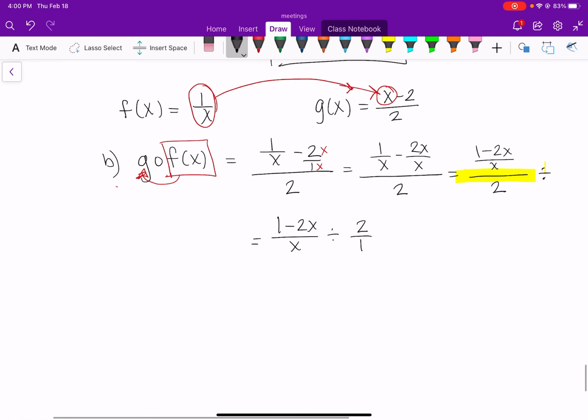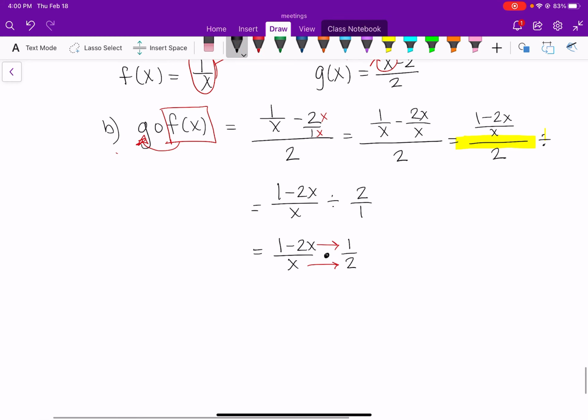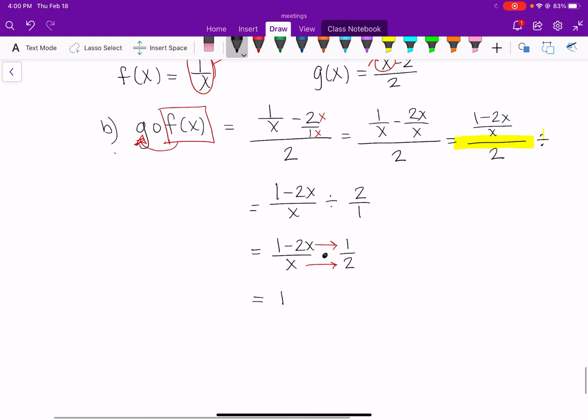Okay, and we're going to keep, change, flip. So 1 minus 2x over x, change to multiplication, flip this guy, and then again we're going to multiply straight across here. So this is going to equal 1 minus 2x over 2x, and this is going to be my answer right there.